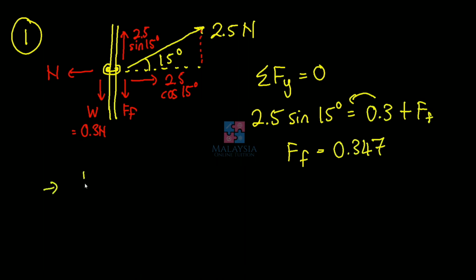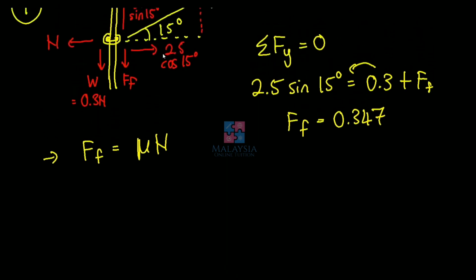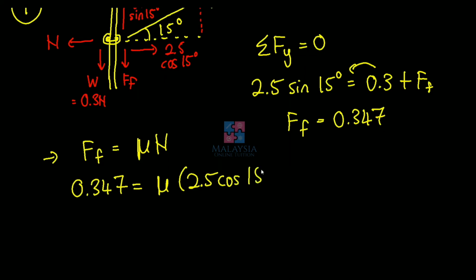And then you know that frictional force will be equal to mu N, or some of you will call it mu R, which is for normal force or reaction force. And we have the normal force to be equal to 2.5 cos 15 degrees. So then it will be 0.347 equals mu, which is the coefficient of friction, and then 2.5 cos of 15 degrees.